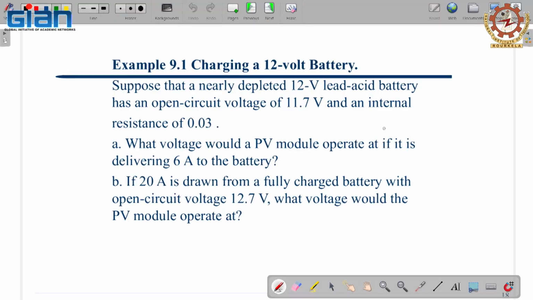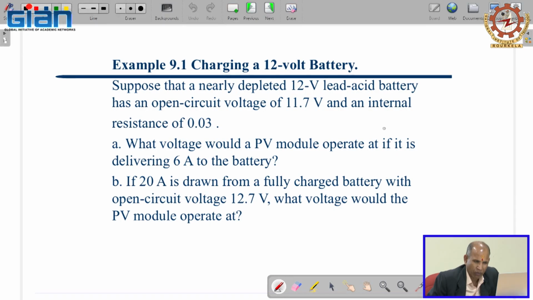It says that you have a nearly depleted 12 volt lead acid battery which has an open circuit voltage of 11.7 and internal resistance of 0.03 ohm. What would be the PV module operation if it is delivering 6 amps to the battery?